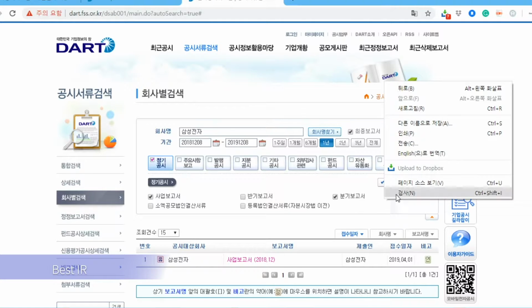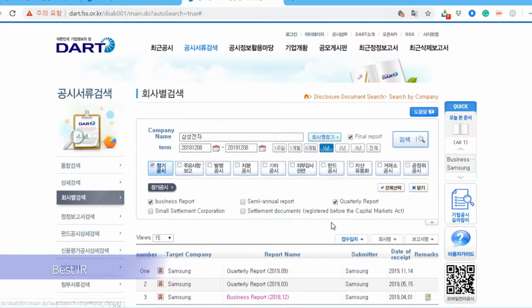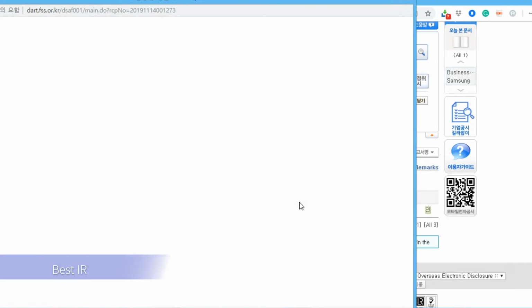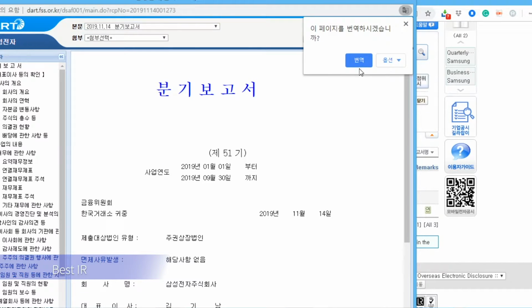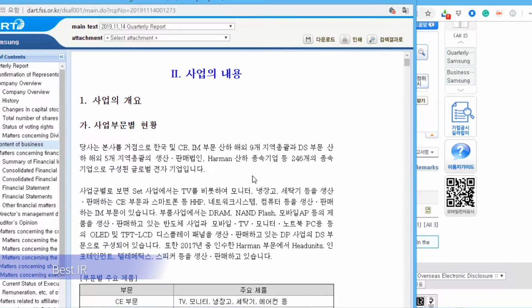This is the semi-annual report. And then they have the quarterly report, which is up to date to the 3rd quarter this year. And then you want this whole thing translated. I would recommend you go to contents of business.